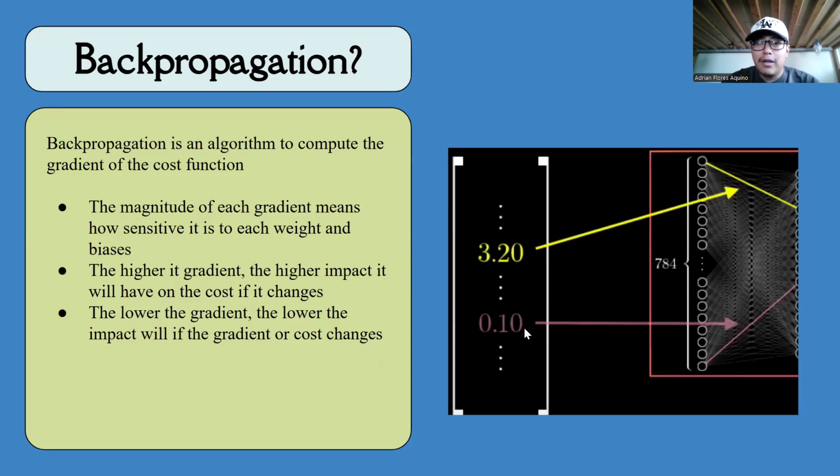The one with the higher gradient has a higher impact compared to the one with the lower gradient. So this means 3.20 is 32 times stronger than 0.10. Even if we change 0.10 to 0.3, it won't make much of a difference, compared to if we change 3.20 to, let's say, 5.20, which would have a bigger change.